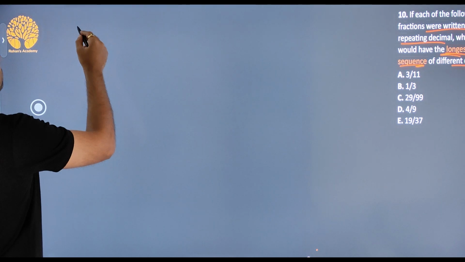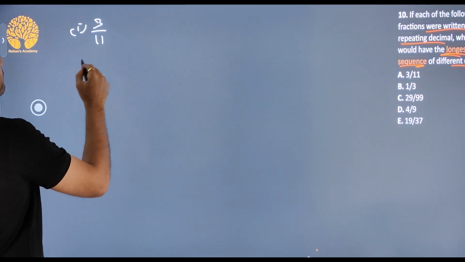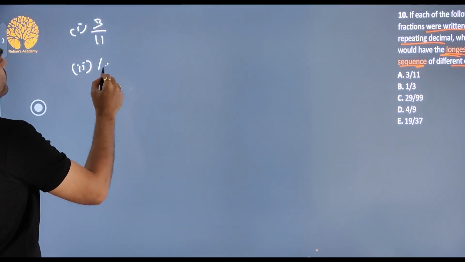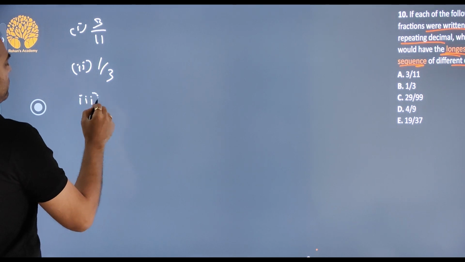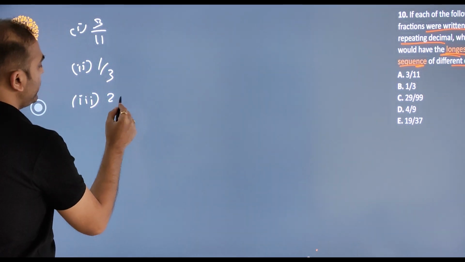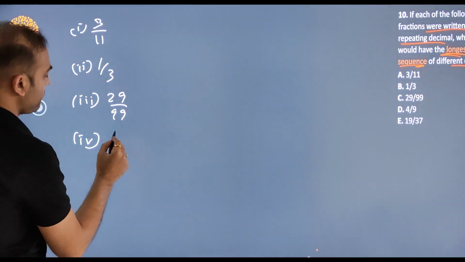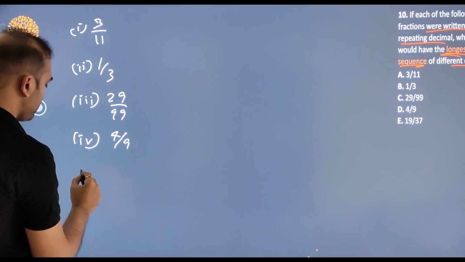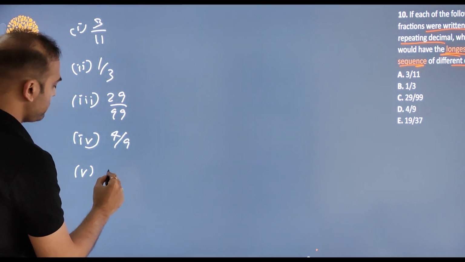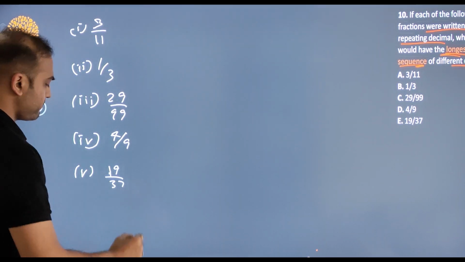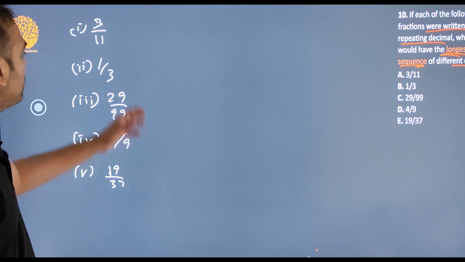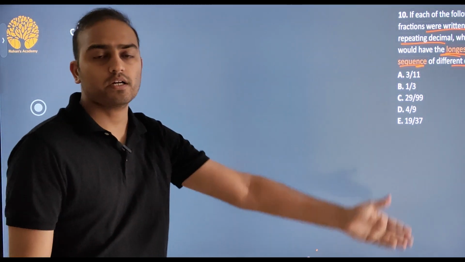You can divide 3 by 11, 1 over 3, then we have 29 over 99, 4 over 9, and then 19 over 37. If you want, you can divide all of them and check.